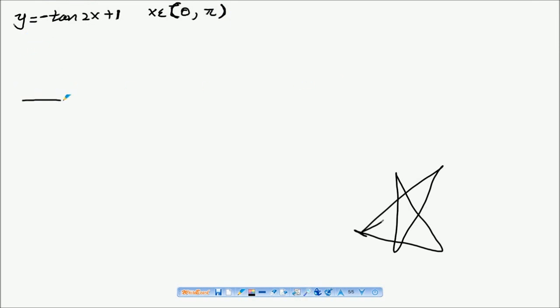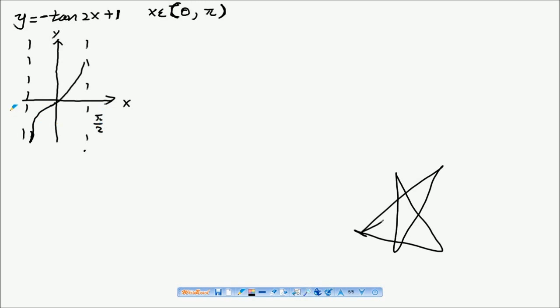Firstly, we have to look at our standard graph of tan. Our standard graph is something like that, x and y, and we have asymptotes at positive pi on 2 and minus pi on 2.